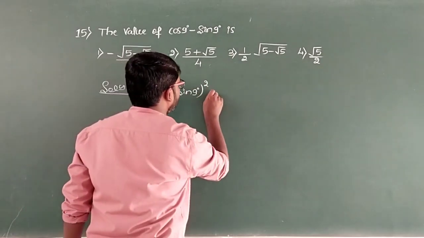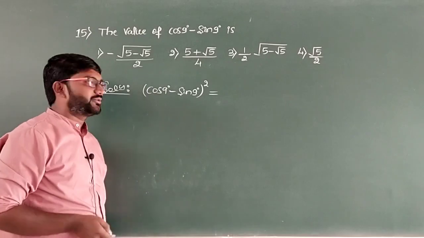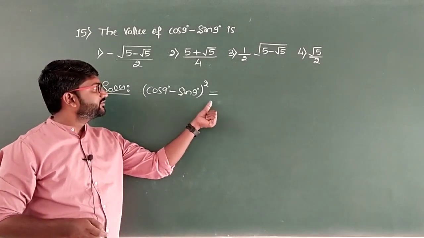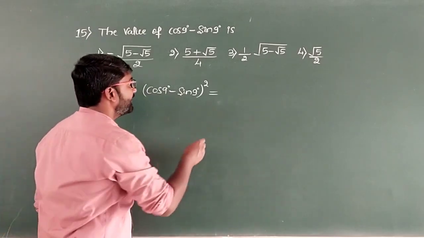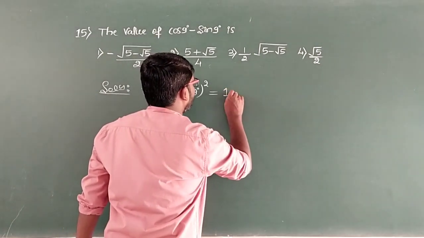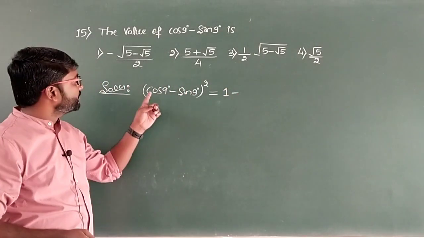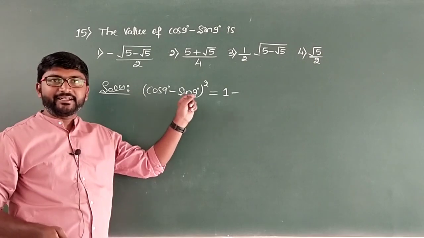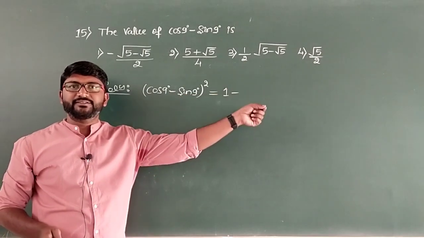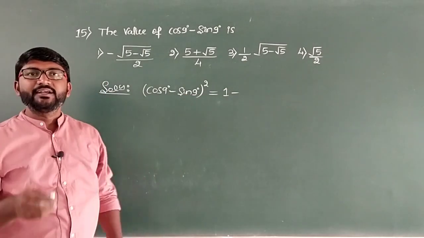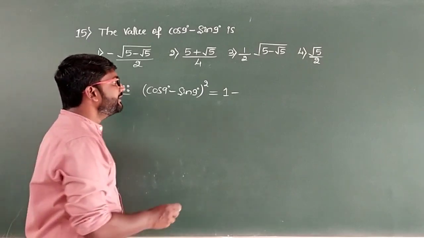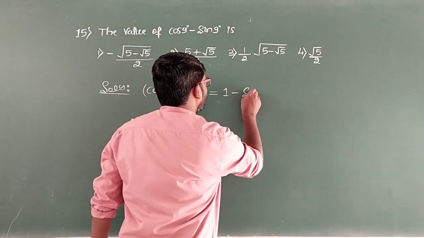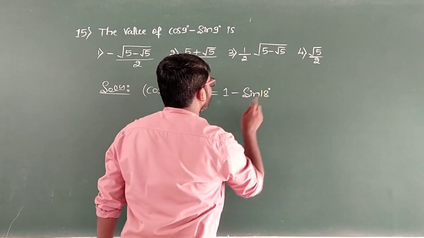What do we get? a minus b the whole square: cos square 9 degree plus sin square 9 degree, that is going to be 1. Then minus 2ab, minus 2 cos 9 degree sin 9 degree, that means it is in the form of 2 sin theta cos theta, which is nothing but sin 2 theta. Sin 2 into 9 degree will be 18 degree. So we have sin 18 degrees.